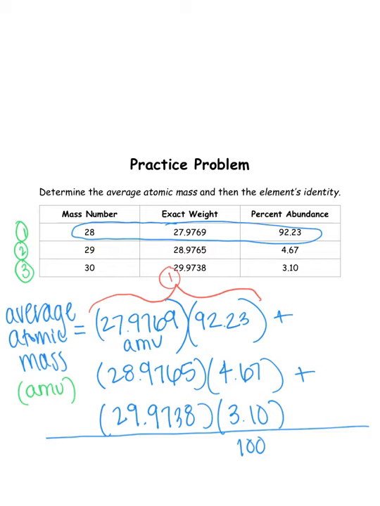And what we can do now with your final answer is we can pull up the periodic table and we can search all of the average atomic masses listed on the periodic table to see if your final answer matches any of them. And again, on the periodic table, the average atomic mass is going to be the decimal number in the element box on the periodic table for all of the elements. So go ahead and scan the periodic table now and see if your number matches any of them.